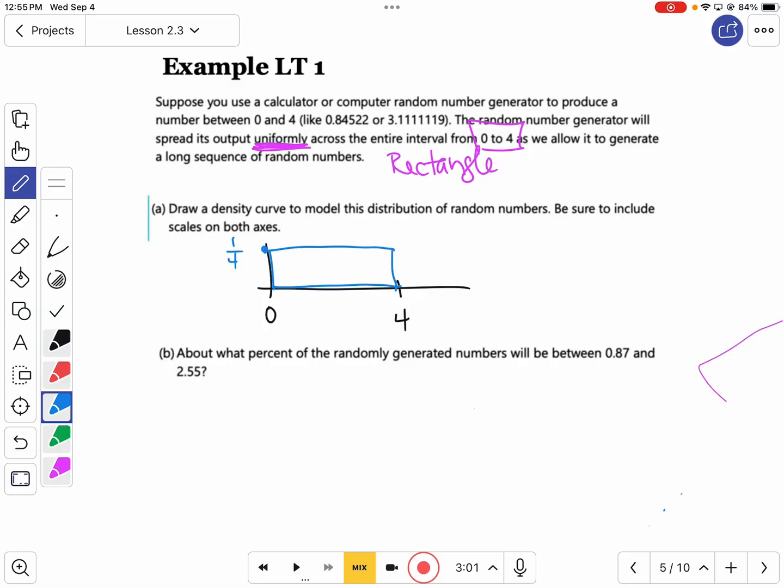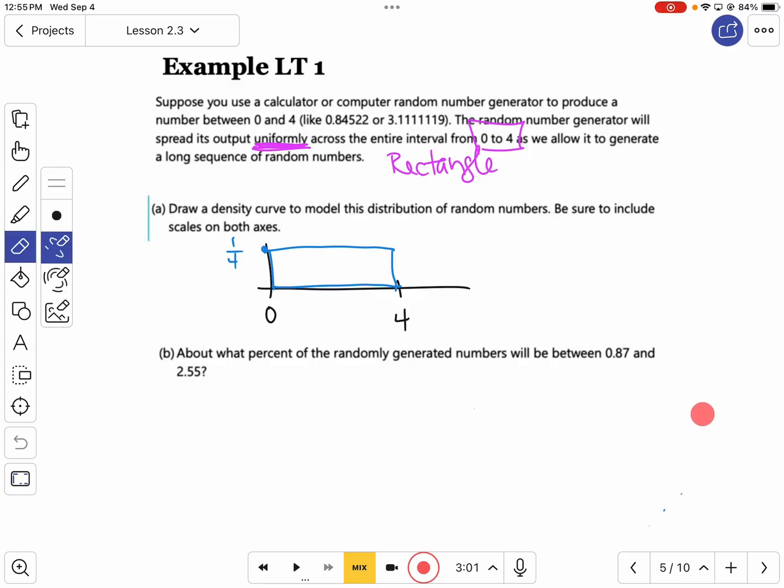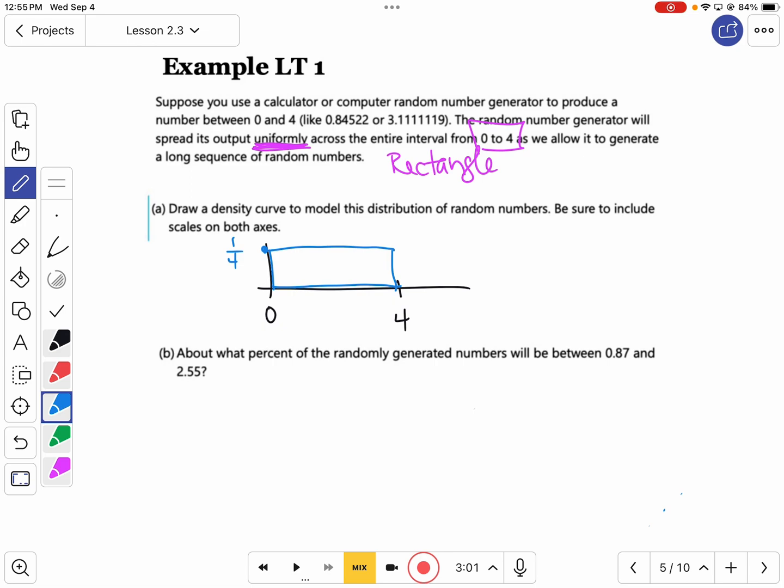Now, the next one is where it gets interesting, because it says about what percent of the randomly generated numbers will fall between 0.87 and 2.55. So I don't want this entire rectangle. I only want part of it. Okay, so 0 to 4.